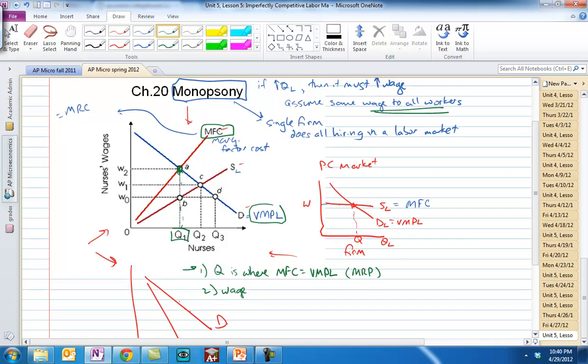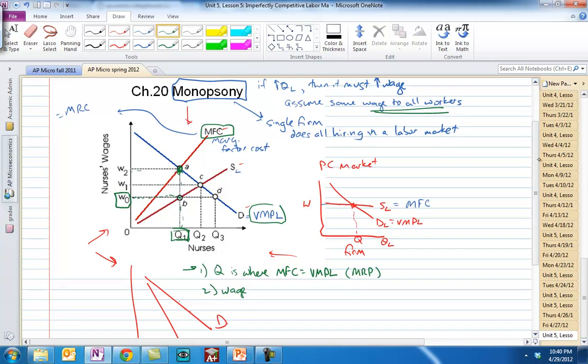The wage that it'll pay will not be this wage W2. The firm will ask itself, what wage do we have to pay to induce this quantity of nurses to come work here? And the answer to that is where the supply for labor crosses Q1. So it's here at W0.